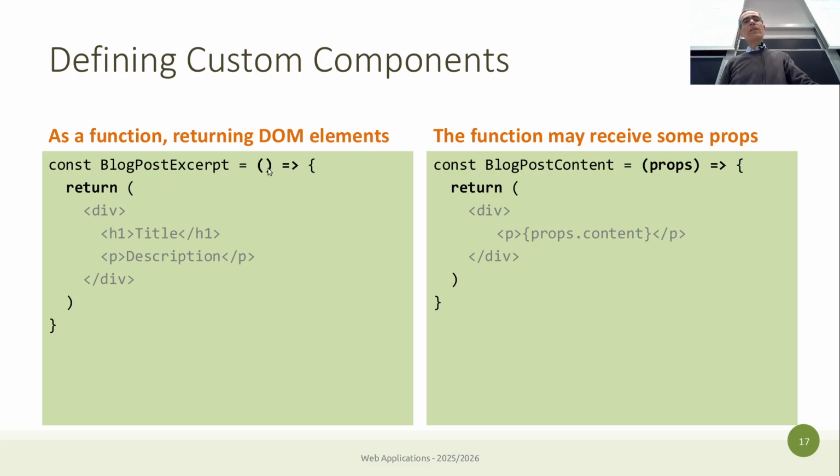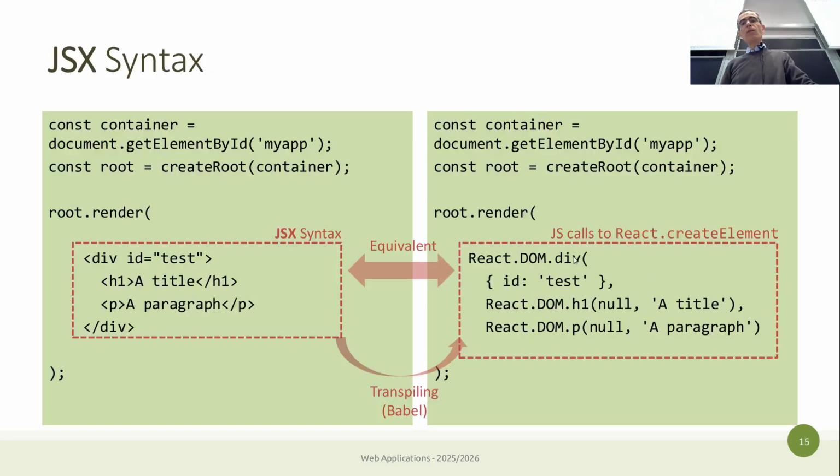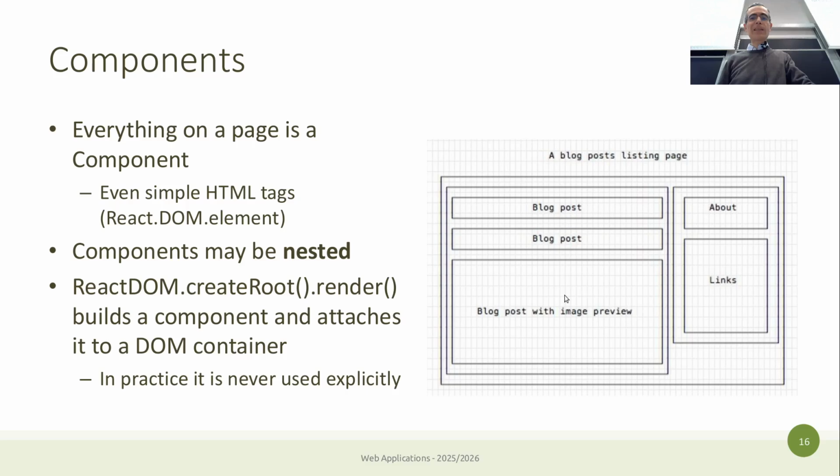So this takes no parameters, but it will take props in the end, okay? And we just return the content of the component, so the way in which the component should render, okay? Expressed using this JSX syntax, okay? So instead of writing all this stuff, which would be very annoying, boring, and I would say useless.